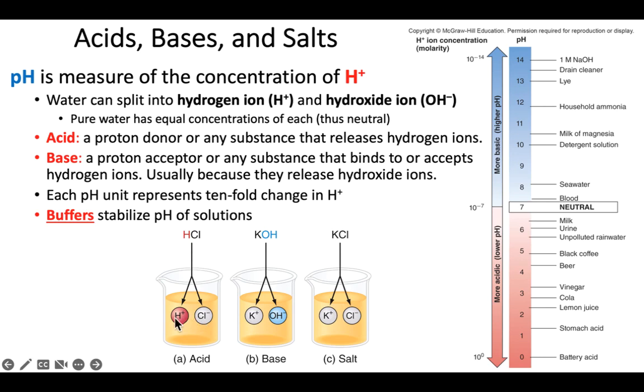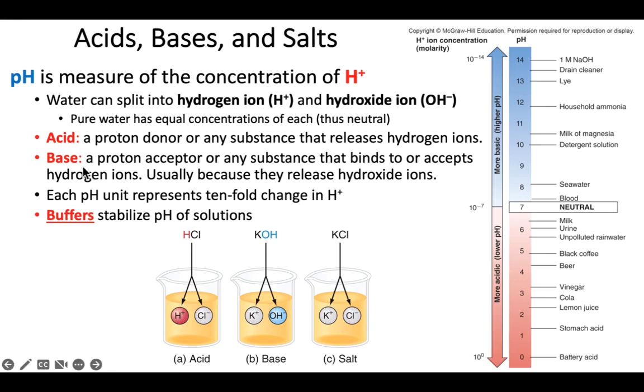It gives off or donates or dissociates into this hydrogen ion, aka proton, and this chloride ion. So that's the definition of an acid. It gives off these hydrogens because now you're increasing the number of these hydrogens, and therefore your pH is lower and you're acidic.